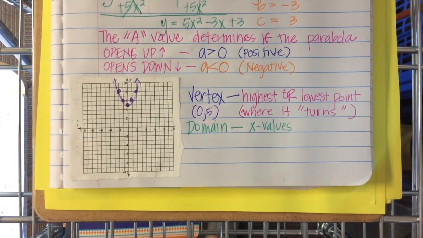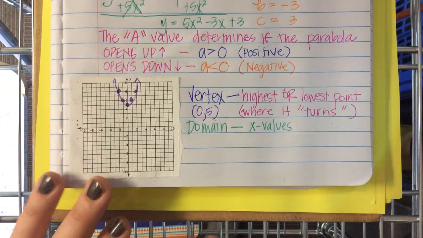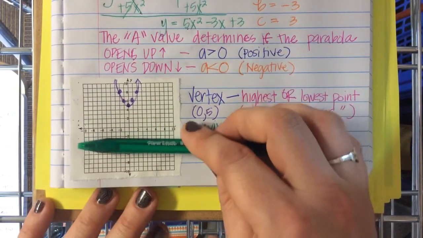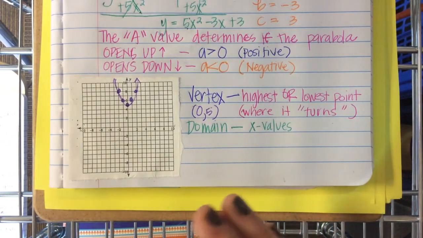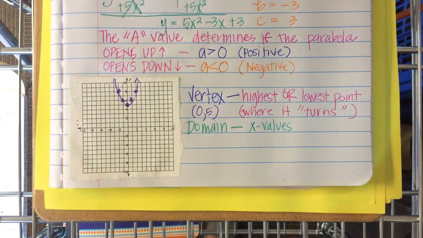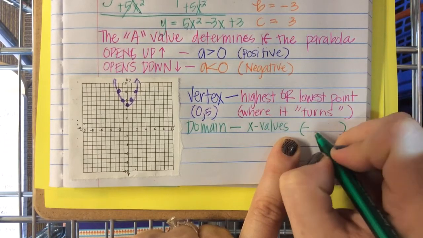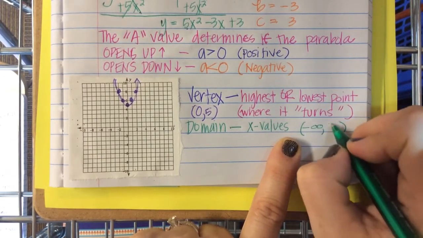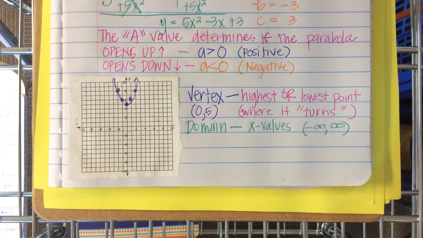No matter how many times you go up, or if it goes down, every level you go down, it gets a little bit wider. And the next time it gets a little bit wider, and the next time, forever. The domain, the x values for every single parabola, is negative infinity to positive infinity. Every single time. Every single parabola. Because a parabola gets wider and wider and wider, forever.